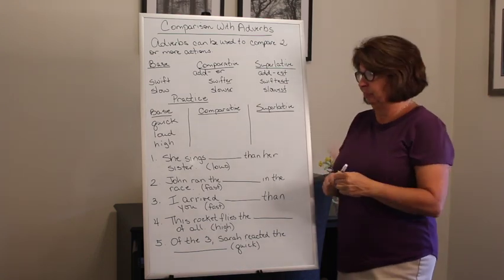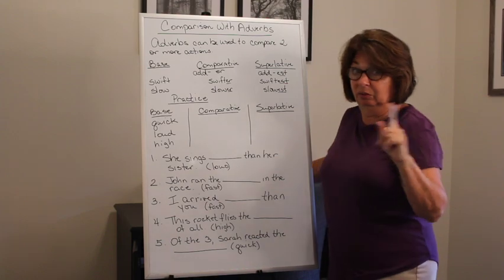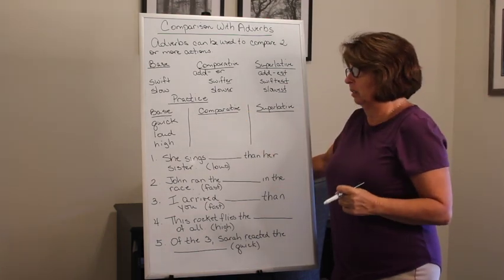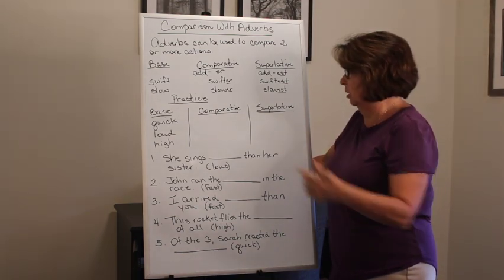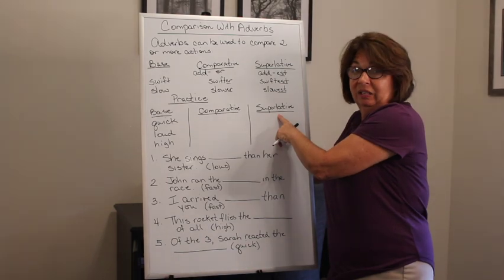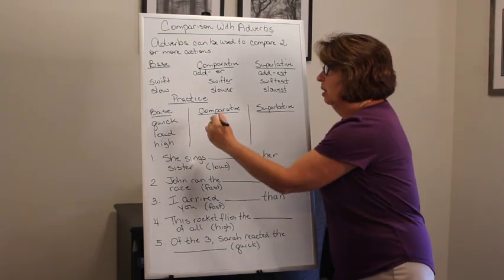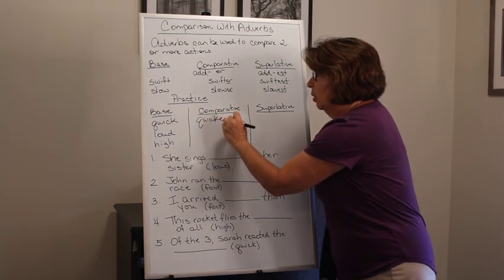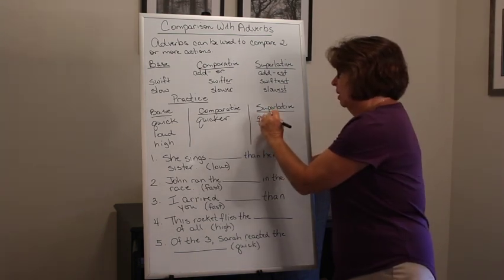Let's practice. If our base word is quick, and we can see it's only one syllable, and we want to compare two or more things, we know that we have to add ER to the end of the word. Superlative, we're adding EST onto the back of the word. So let's try it. Quick would become quicker, and then quickest.